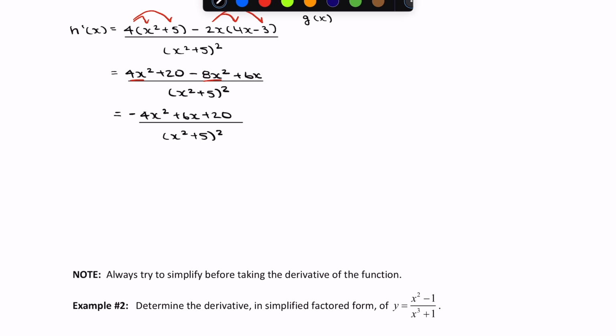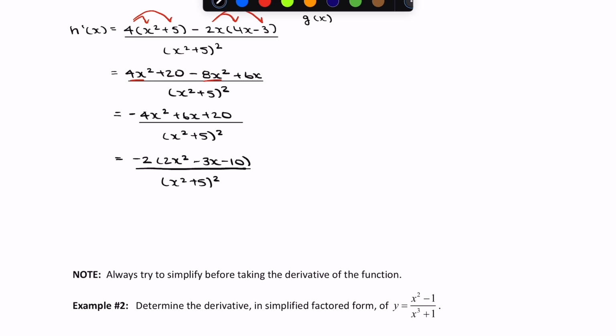If we simplify, we can factor out a negative 2. We'll be left with 2x squared minus 3x minus 10 over x squared plus 5 squared.